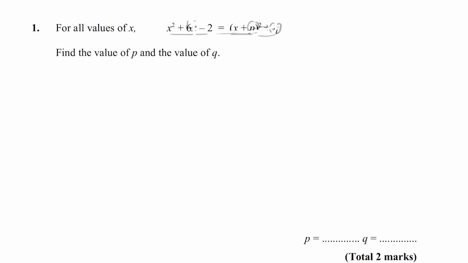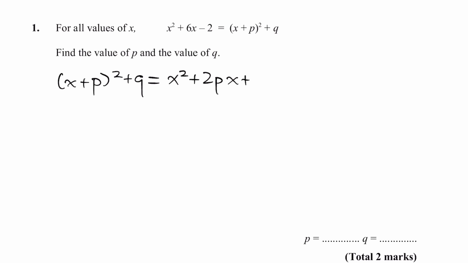So what we can do is, for x plus p squared plus q, we can expand this in usual arithmetic. So expanding this, we get x squared plus 2px plus p squared plus q. And this is equal to x squared plus 6x plus, minus 2.